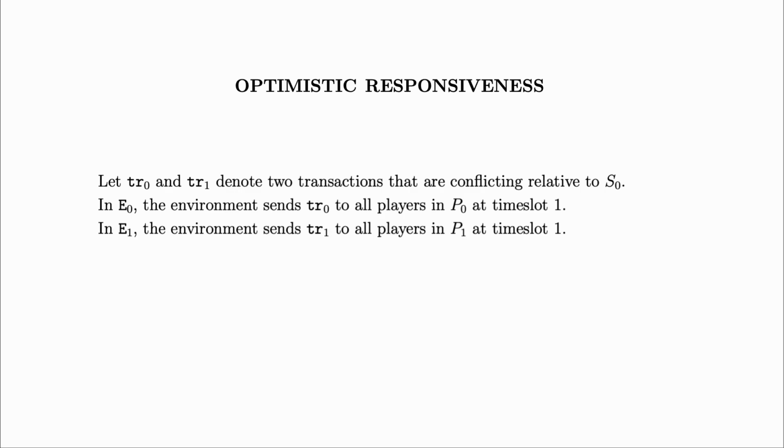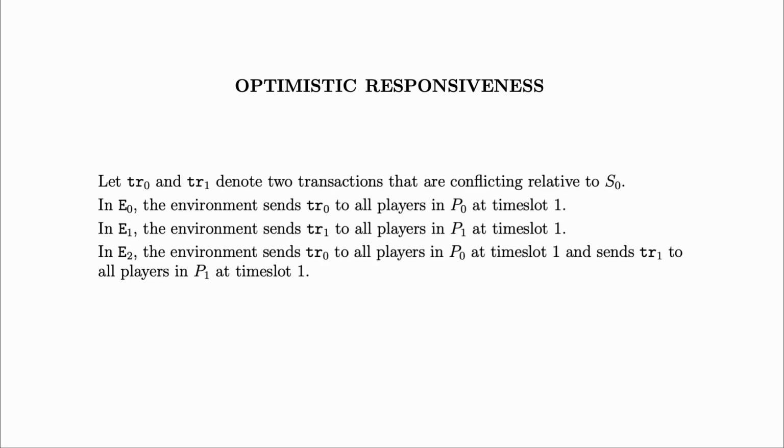A symmetrical thing goes on in E1: the environment sends TR1 to all players in P1 at time slot 1. Remember, in E0 it's the players in P0 who are active and the players in P1 aren't active. In E1, it's the players in P1 who are active and the players in P0 aren't. So TR0 is sent to players in P0 at time slot 1 in E0, and in E1, TR1 is sent to the active players, those in P1, at time slot 1.